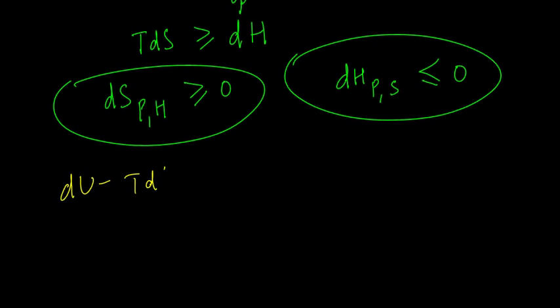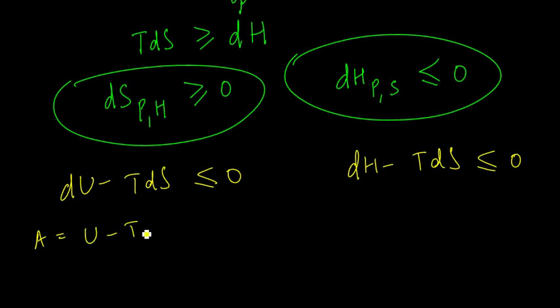Why don't we define something then? Let's define A is equal to U minus TS, and here let's define G is equal to H minus TS.